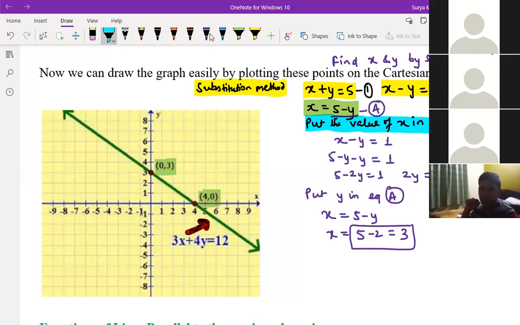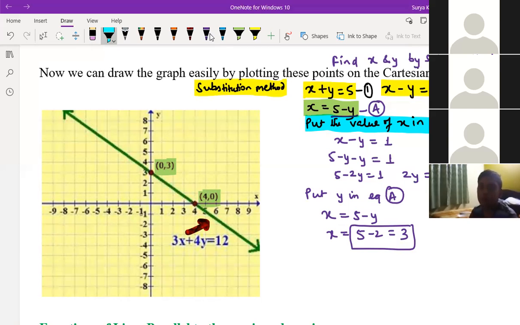Then you wrote that x is equal to 5 minus y, sir. Yes. Then for the second one I thought you would write x minus y is equal to 1 as x is equal to 1 plus y. No, no. You take x or y from any one equation, the first, and put it in equation second. That's it.